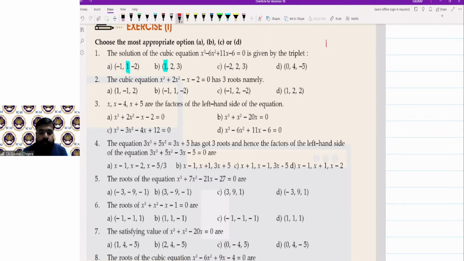So 1 cube is 1 minus 6 plus 11 minus 6. Now, are we getting it as 0 or not? So we are trying with 1 minus 6 plus 11 and then minus 6.